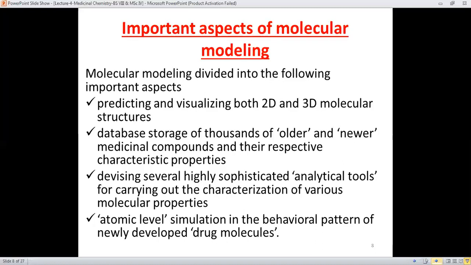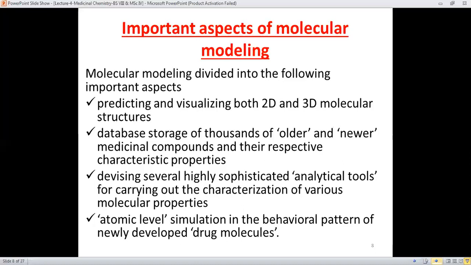It means that whole spectral confirmation is there. Several sophisticated analytical tools are also used for the characterization of the various molecular properties, like lambda max of the compound may be taken, or further kinetic studies may be done, or there are multiple series of methodologies which must be taken into account.